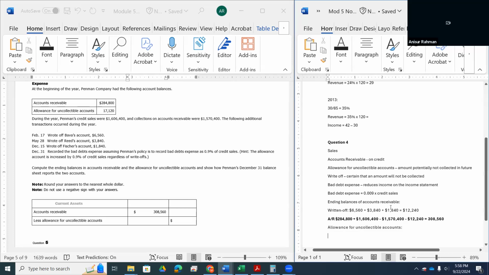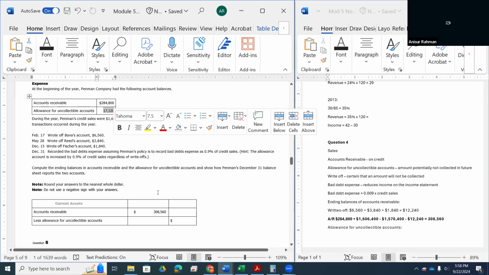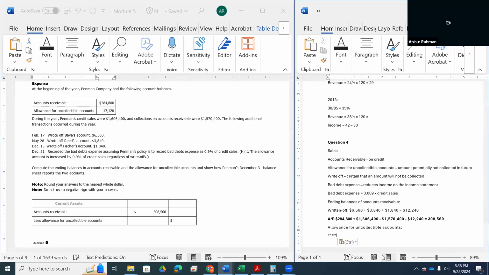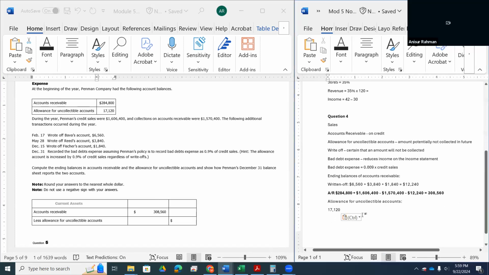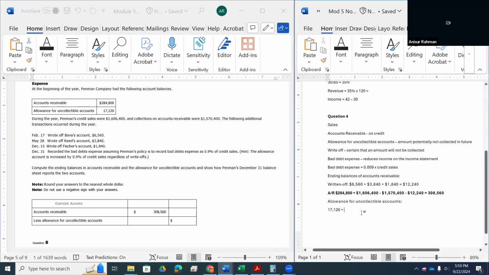So this is our beginning allowance for uncollectible accounts. We take that amount, and then we add our additional credit sales, which were 1,606,400, multiplied by our 0.9%.